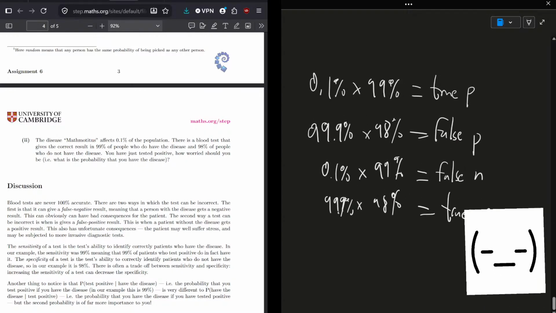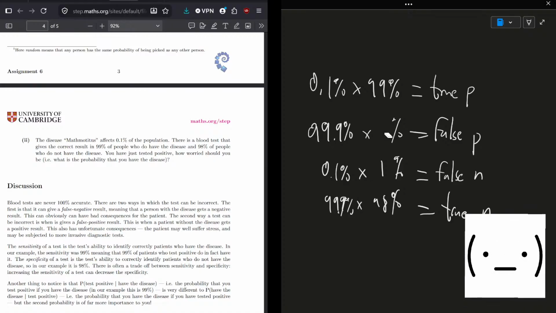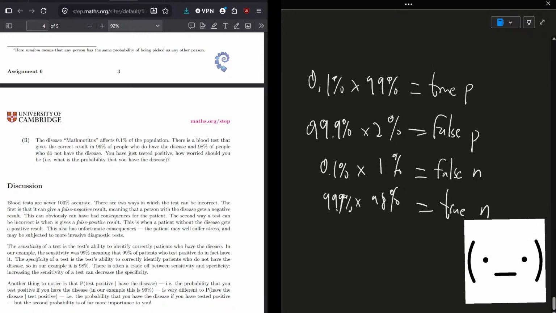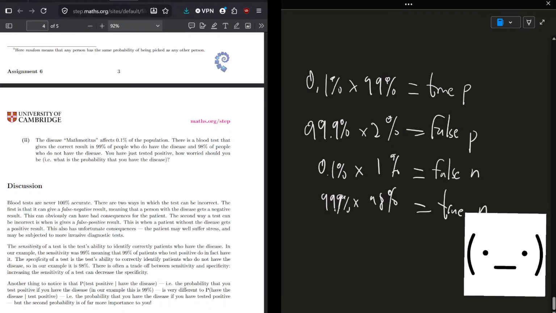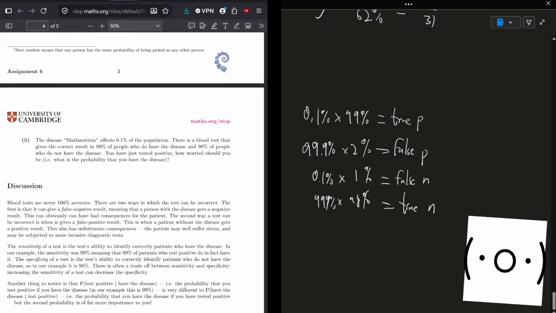Something's gone wrong here. Oh wait, no, I forgot to use these probabilities. This is 1%, sorry. Okay. So we're only interested if you have tested positive.